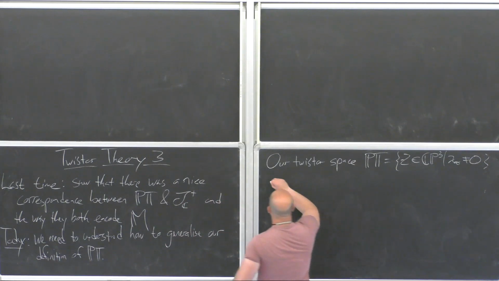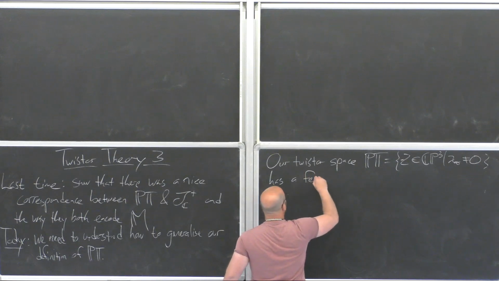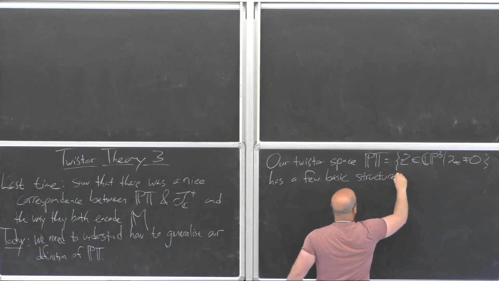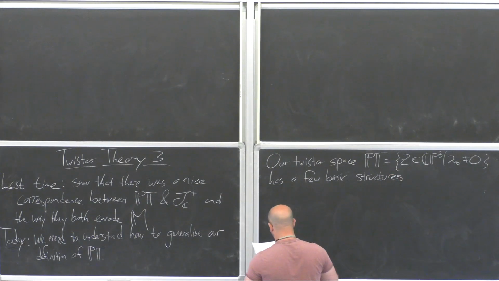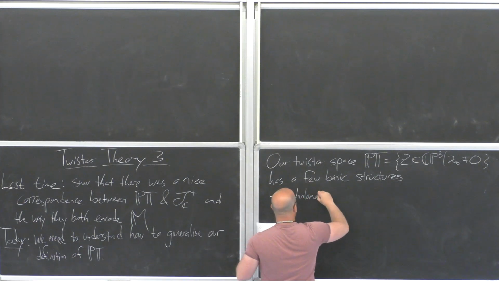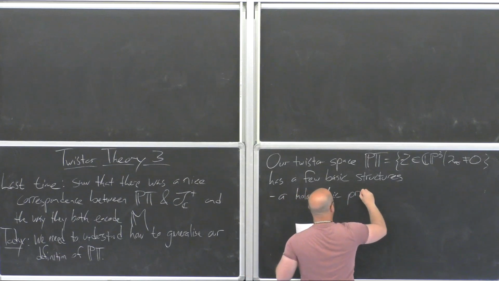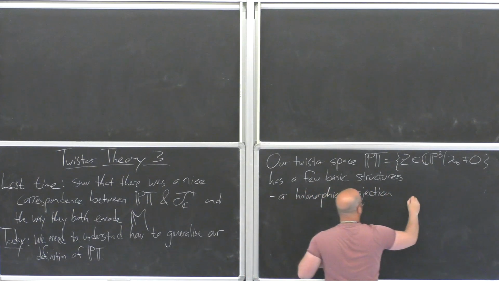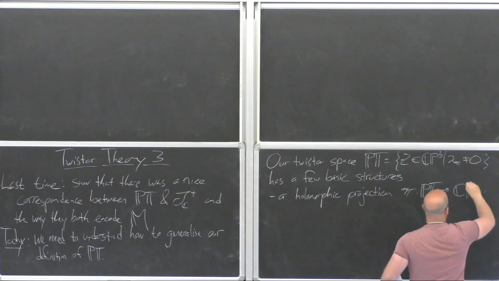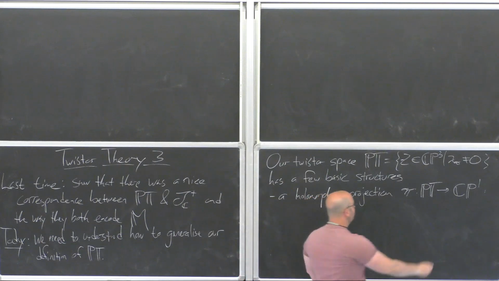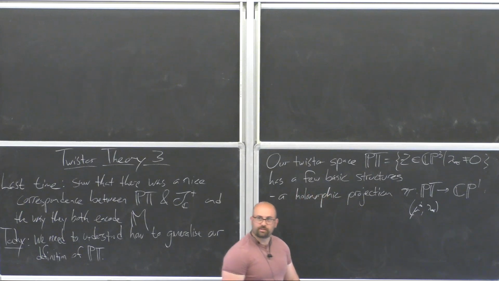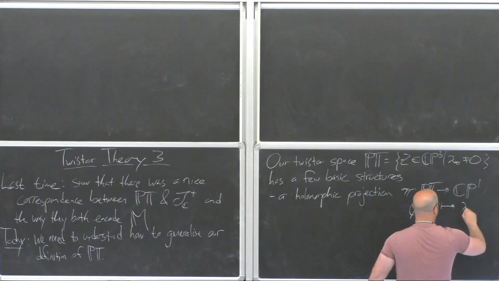This has a few basic structures. It had a projection, a holomorphic projection we called pi, which went from twistor space to the Riemann sphere, and this just sent the homogeneous coordinates labeling a point on twistor space, mu alpha dot, lambda alpha, to lambda alpha.